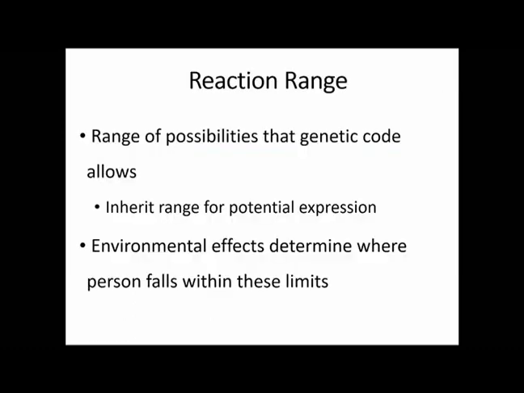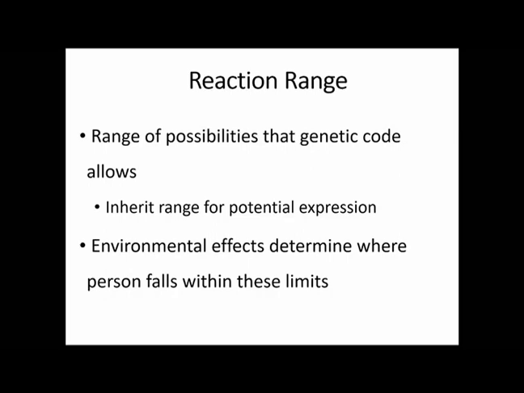Now, we've logically walked through how genes and environment seem to have a predictable effect on the correlation of traits between people who differ in terms of degrees of relatedness versus degrees of environmental sameness. But how can we actually conceptualize this interaction between genes and environment?